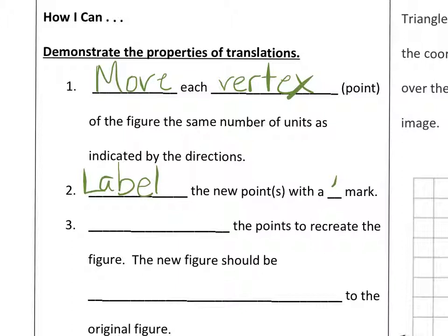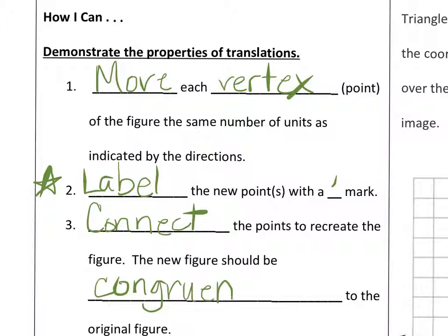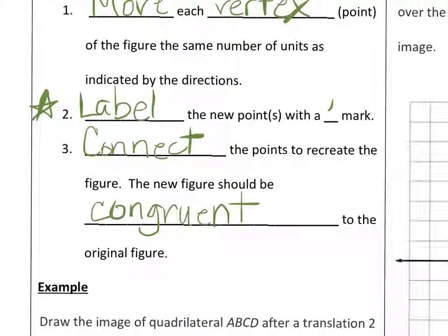Looks like a single quotation mark. Don't forget this step. A lot of people forget that step. We'll connect the points to recreate the figure. And the new figure should be congruent to the original figure. Remember, congruent means same shape and the same size. So it'll look just like the original figure. It will just be in a different place.